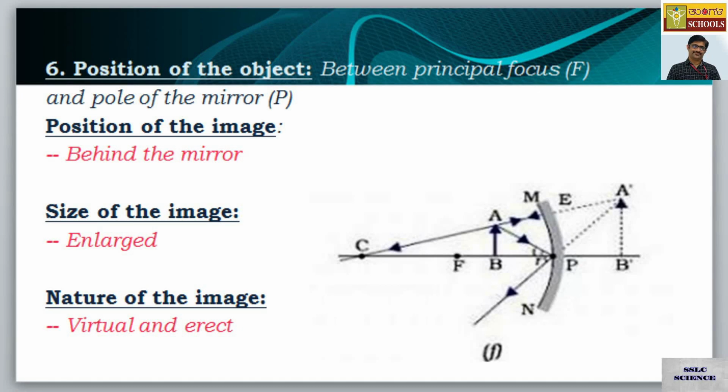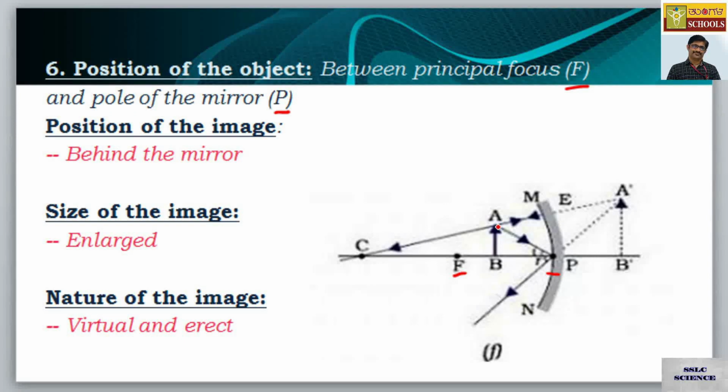Now the last point, you are placing the object between principal focus F and pole of the mirror P. When you bring the object between these 2 points F and P, the image on this side is gone now. The image should form behind the mirror. Now, looking into this image, there is no question of a parallel line because it is coming so close.